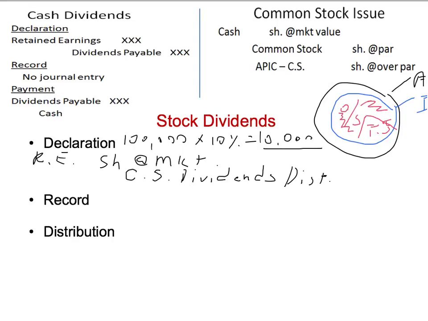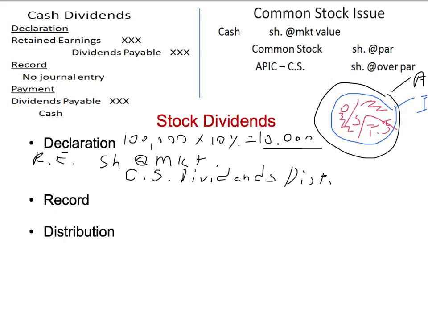What does that mean? What kind of account is that? It's your normal equity account, a lot like common stock to be. It is presented in the equity section of the balance sheet right after your regular common stock account, sort of a sub until we actually distribute the common shares later on.